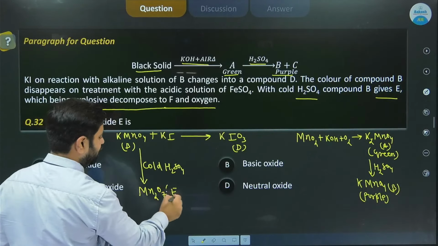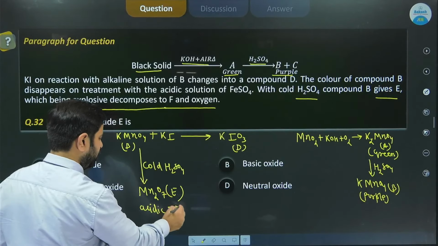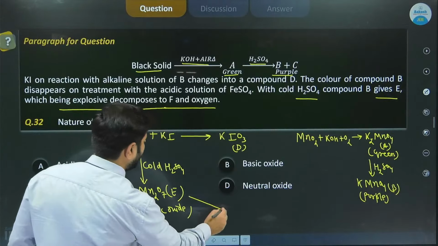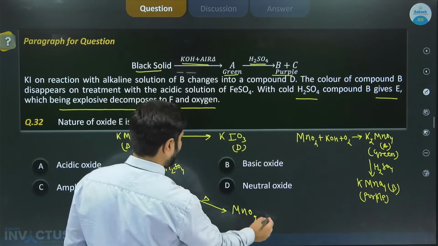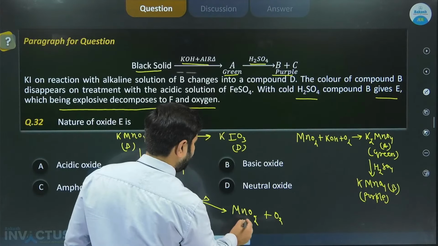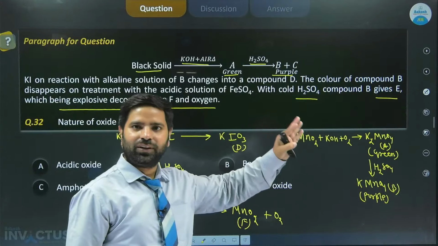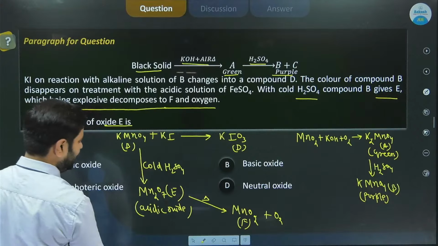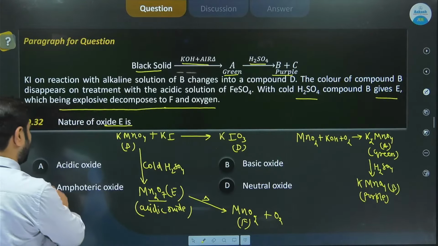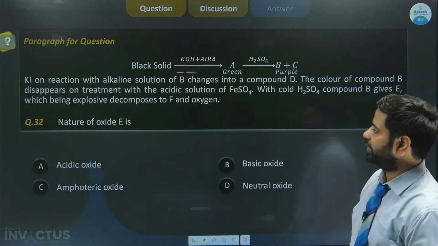That is E. On explosion, it gives MnO2 plus oxygen. That is compound F. So this is the sequence of reactions. The nature of oxide E is Mn2O7, the acidic oxide. Option A is correct.